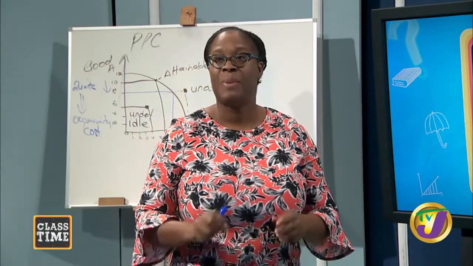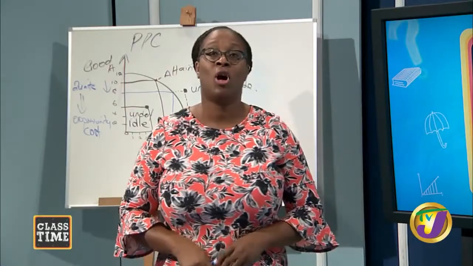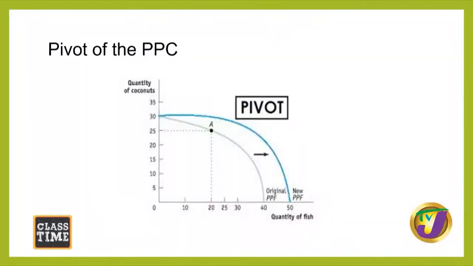Then we have a special situation that is called the pivoting of the PPC. Now, in this example here, what you will find is that there is a production of coconuts and fish. Now, originally, coconuts was 30 and fish 40, but then you see that there's a pivot of the PPF outwards in favor of the quantity of fish being produced to 50.